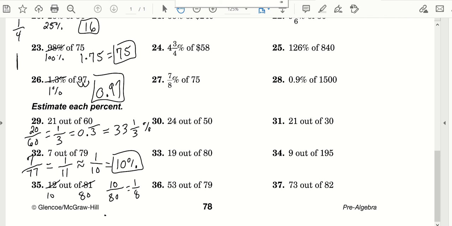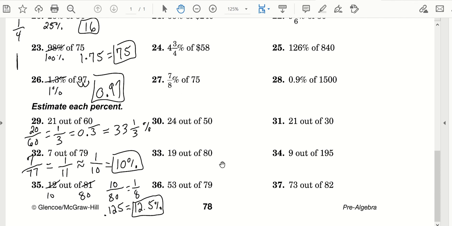It's a good one to memorize. It's half of a fourth, right? So half of 0.25 is 0.125. Half of 25 cents would be 12.5 cents. And so this is going to be 12.5%. There we go. That was a little tricky. And again, you have to alter 12 and 81. There are a couple different ways to go about this. So if you didn't quite do it like that, that is okay.